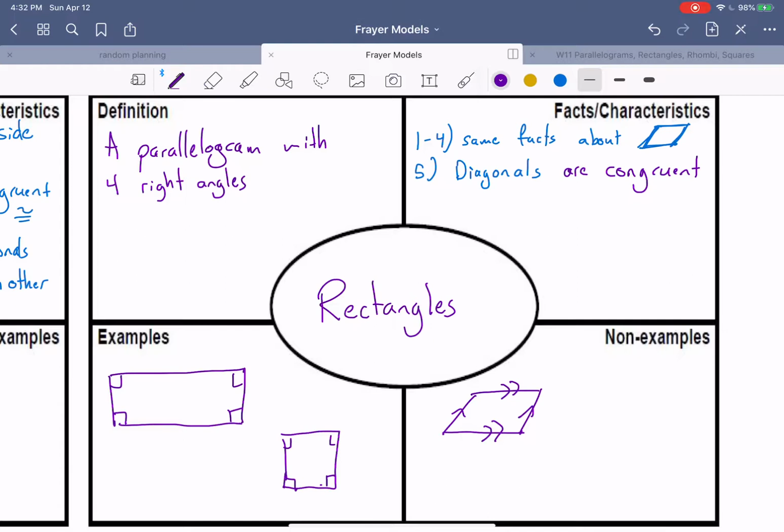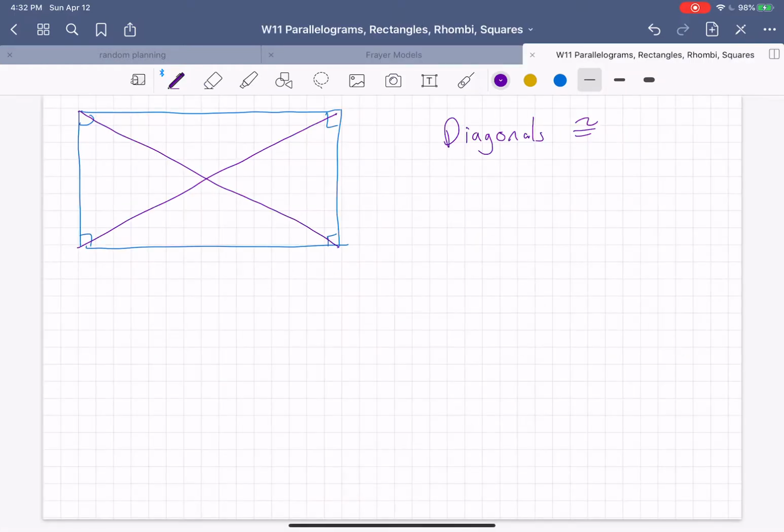I'll come up with a problem on my own then. So let's say we label this RECT, and I say RC is equal to 5x minus 7, and TE is equal to 3x plus 1.